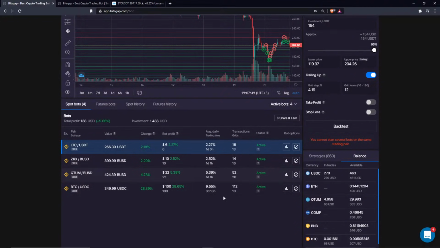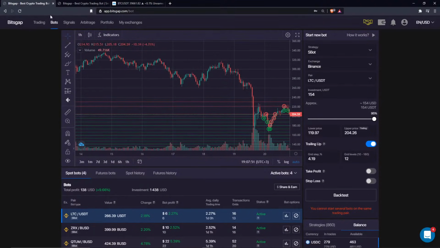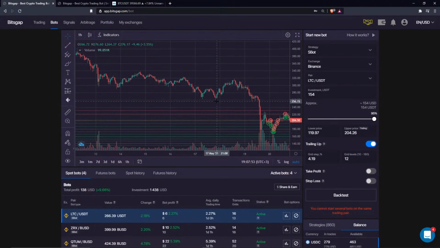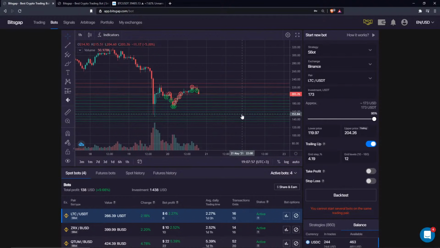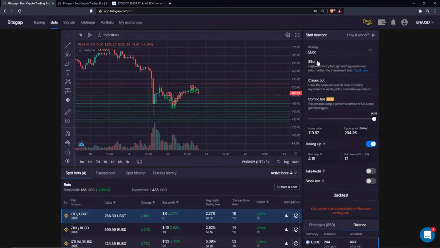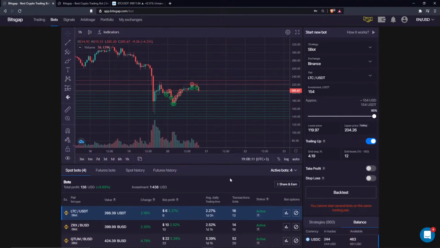I tend to diversify with the smart trading mode and automation. Automation is the ultimate solution for you guys to enter the market gradually. That's the lowest risk and the easiest option for you to trade: automated trading with the S-bot or the classic bot.